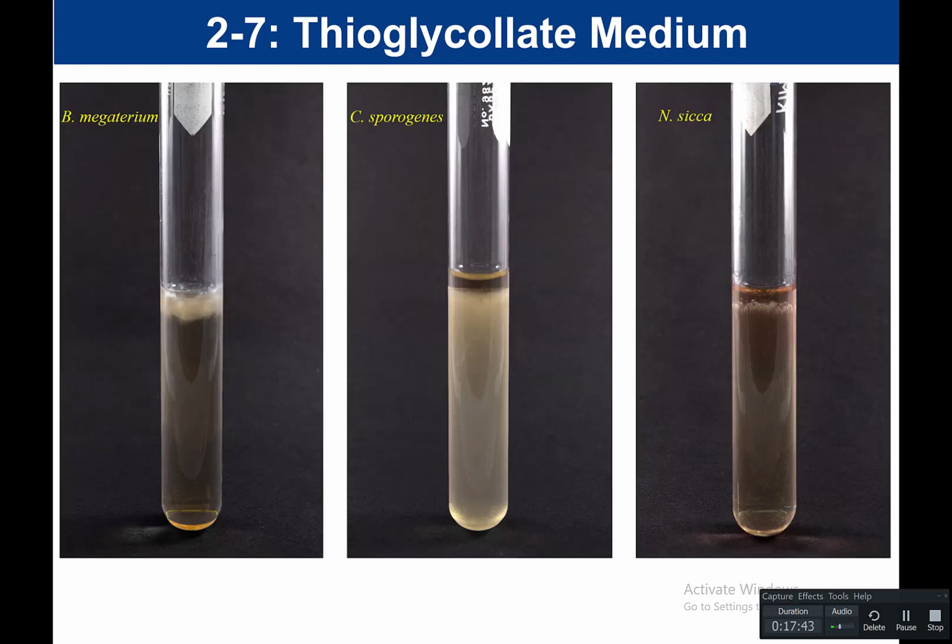And then lastly, we have our last set of organisms. We have Bacillus megaterium, and Bacillus megaterium, notice, is only growing aerobically. It's not growing anaerobically. So that is our strict or obligate aerobe. If we look at Clostridium sporogenes, notice that it's only growing on the bottom portion and it's not growing where it's pink.